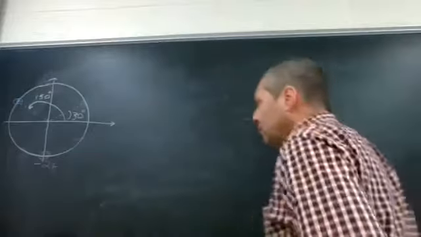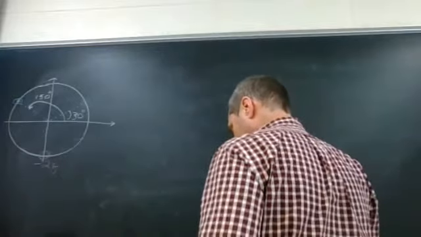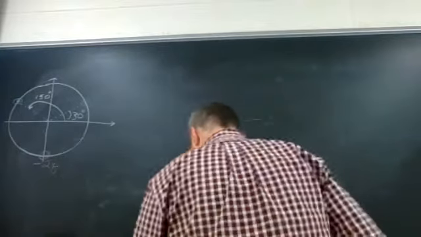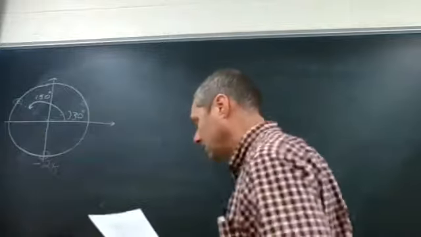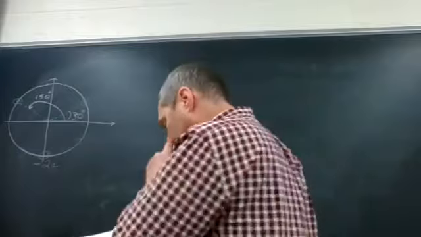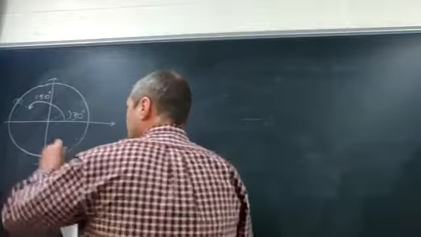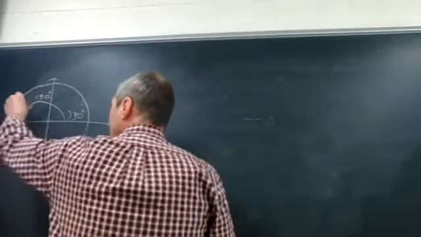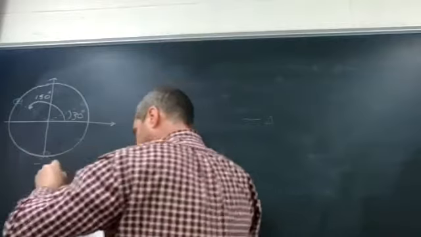Now, if we draw in the electric fields for these, see if you folks can see the green. Because this is negative and this is positive, these are going to be attracted to this.